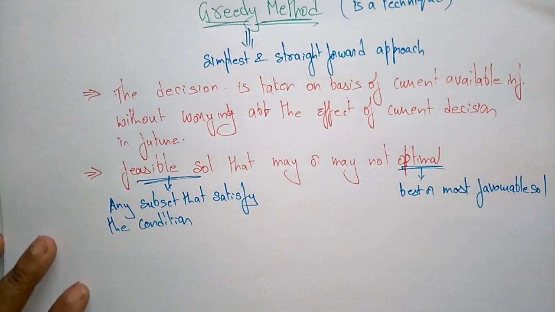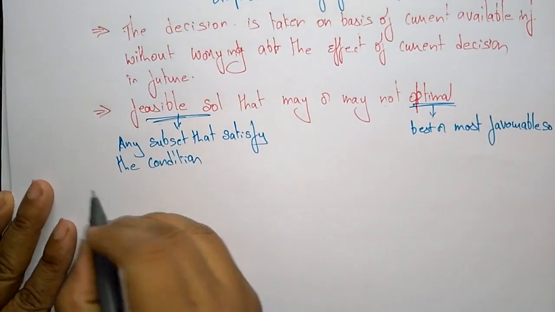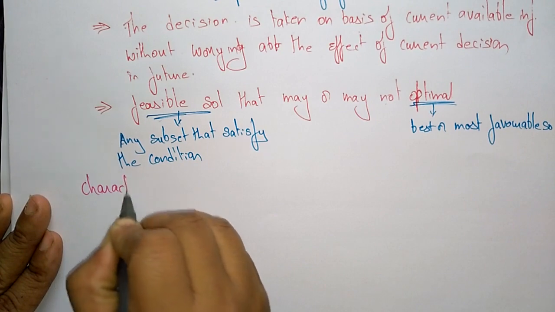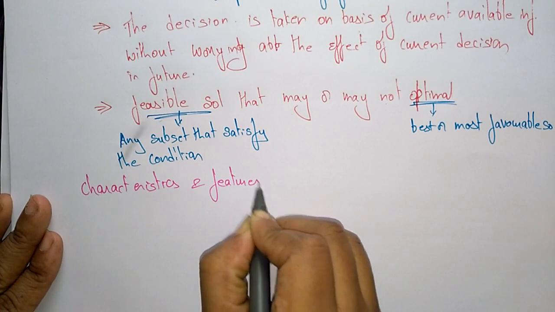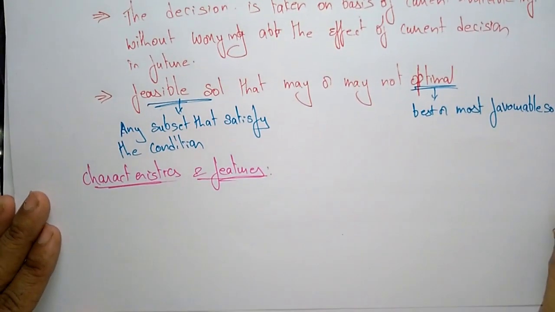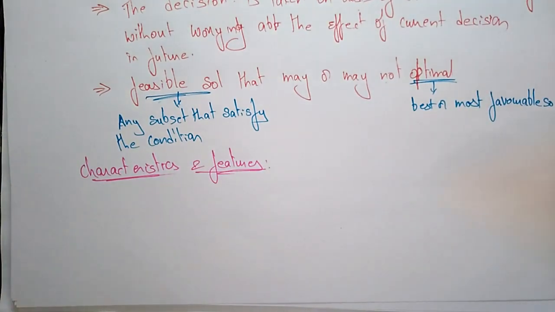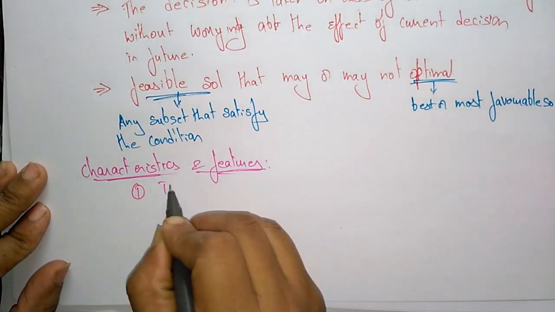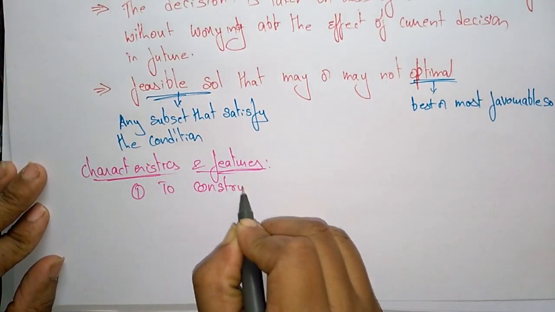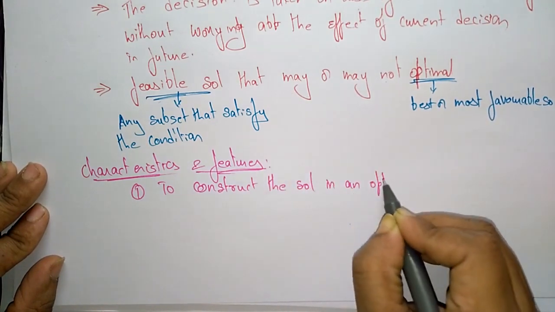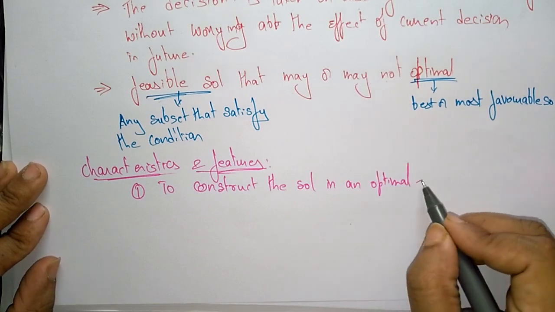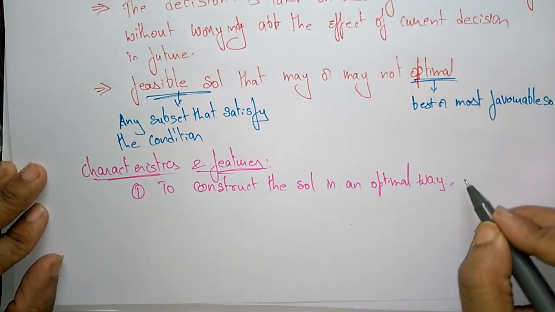Now let us see the characteristics and features of the greedy method. To construct the solution in an optimal way, this algorithm maintains two sets.